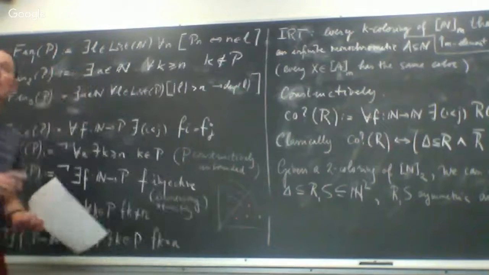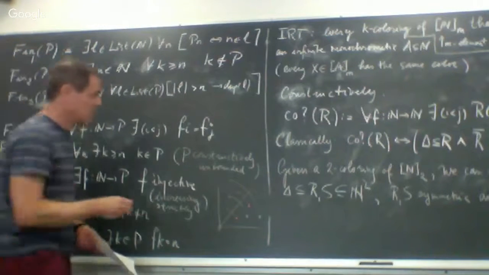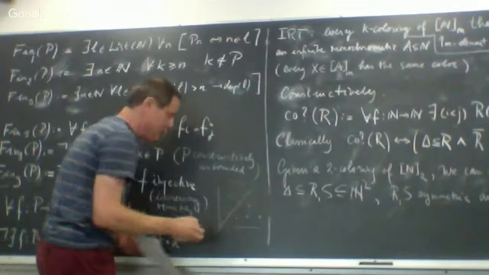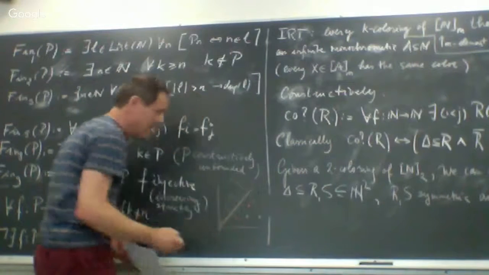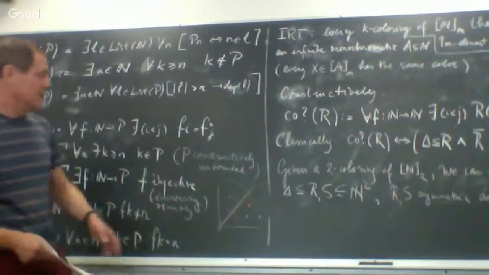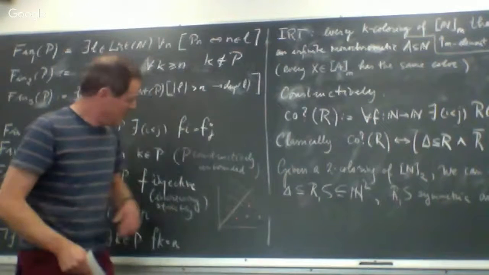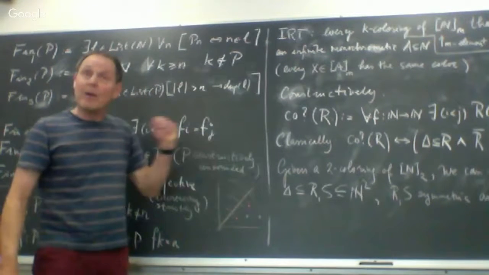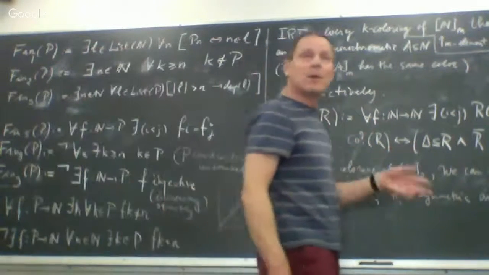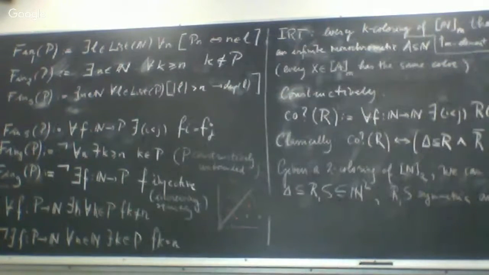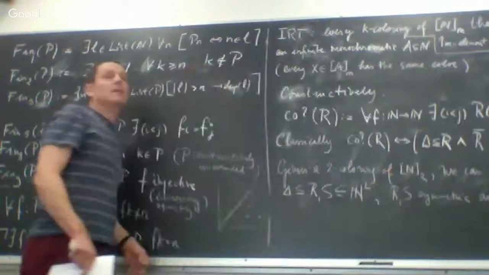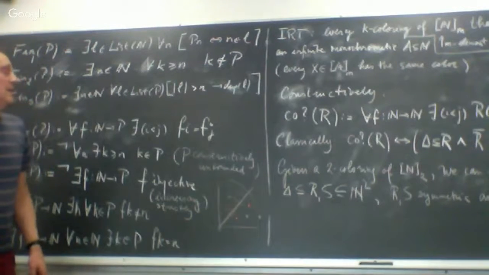And we give the diagonal both colors, so the diagonal is in both R and S. By construction they are symmetric. Since a coloring is a partition, their intersection is empty except for the diagonal, which is by construction included in both.